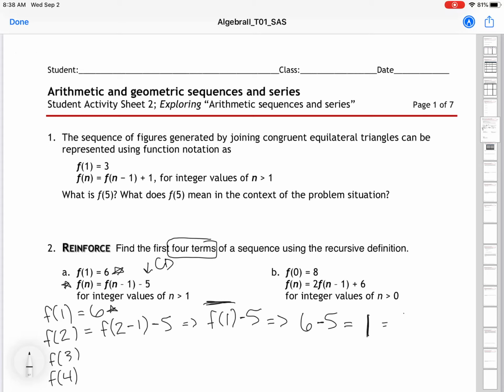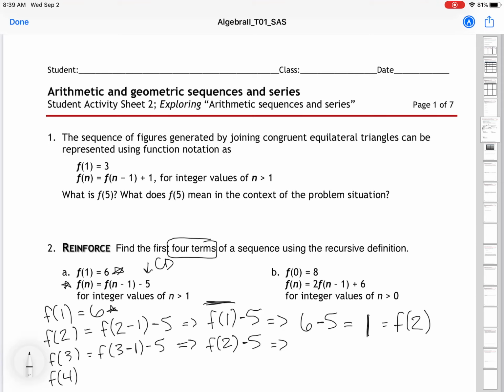So 1 equals f of 2. All right. We're doing the exact same thing, except this time we're plugging in a 3. So I have f of 3 minus 1 minus 5. Okay, we're simplifying. 3 minus 1 is 2. And we are bringing down our terms. Well, f of 2, what did we just say f of 2 was?